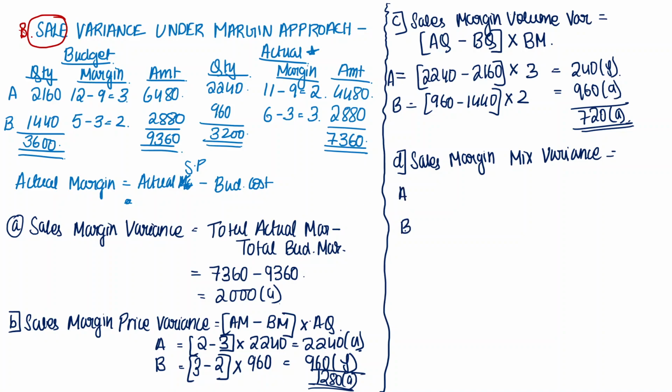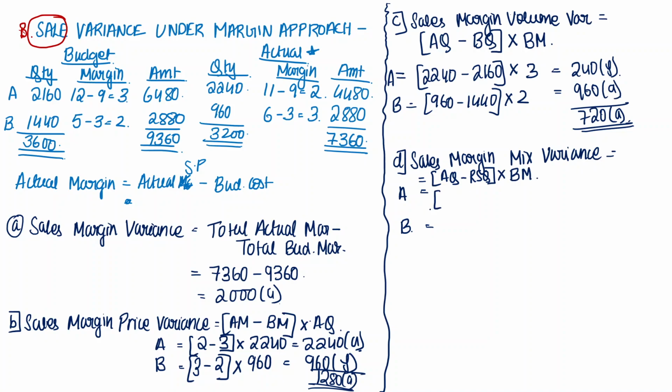A and B. Sorry, formula: actual quantity minus revised standard quantity into the budgeted margin.